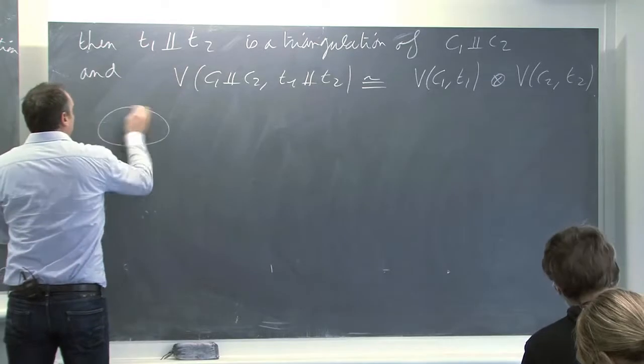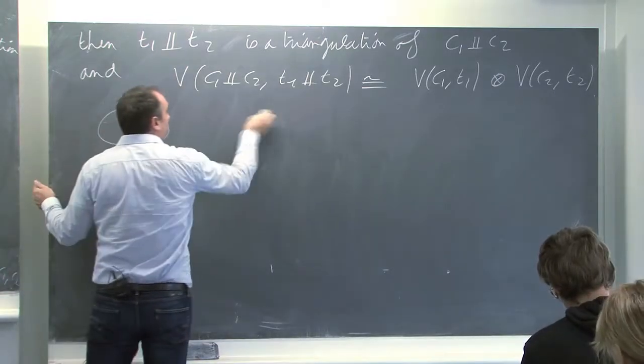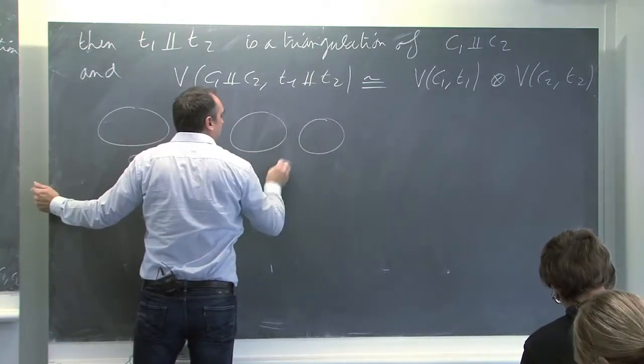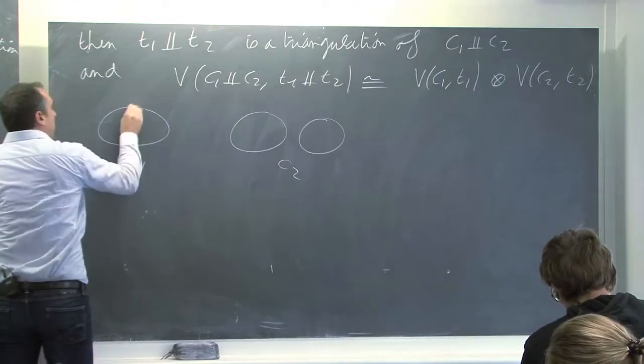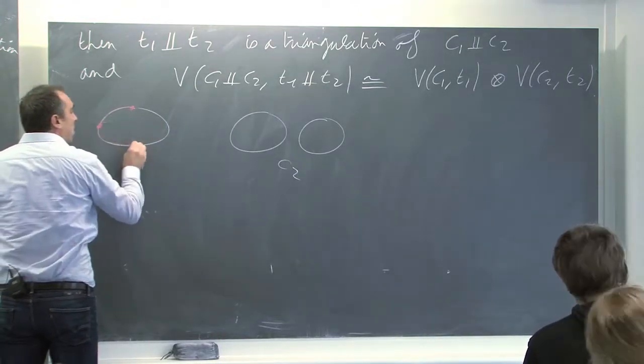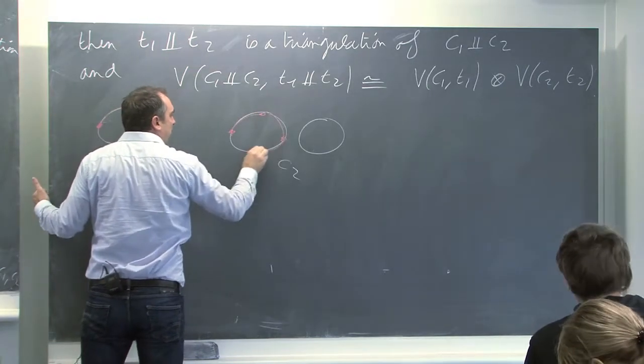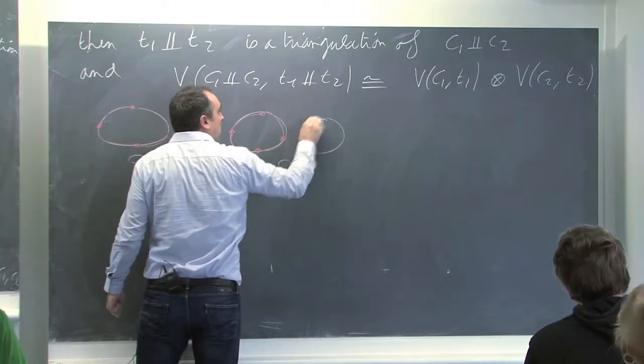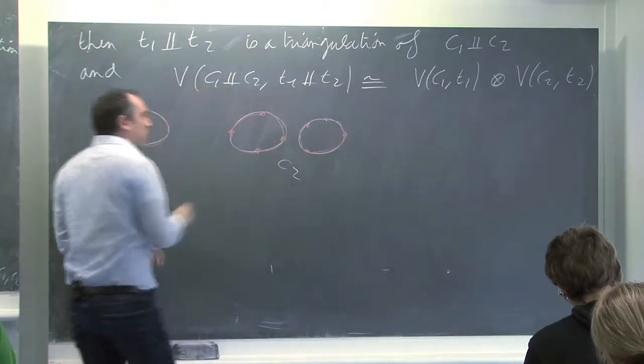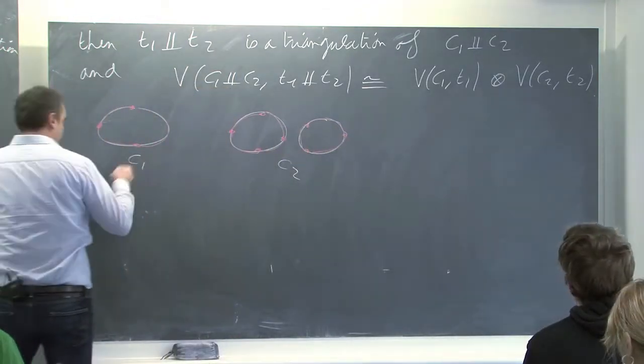So it's clear. So this is C1, and this is C2. I take a triangulation like this, so T1, T2.